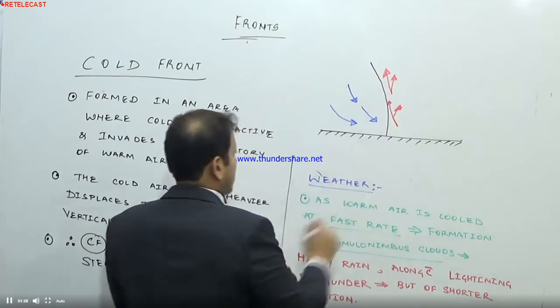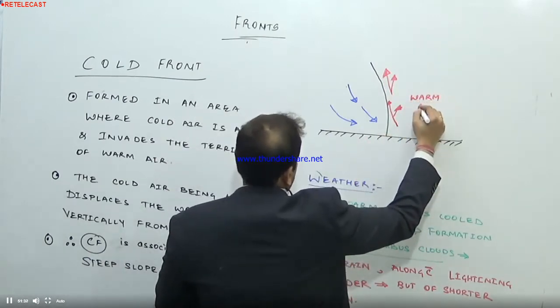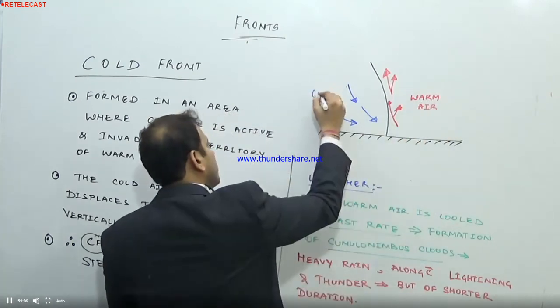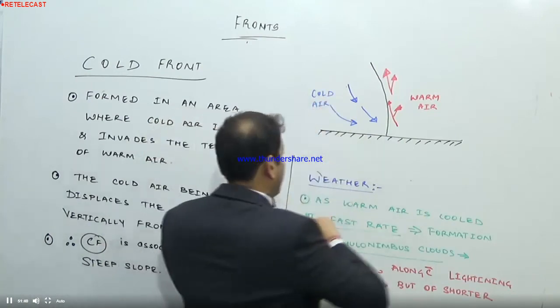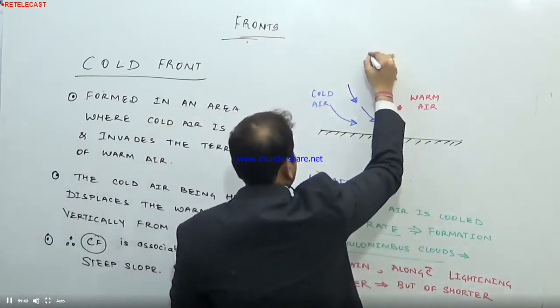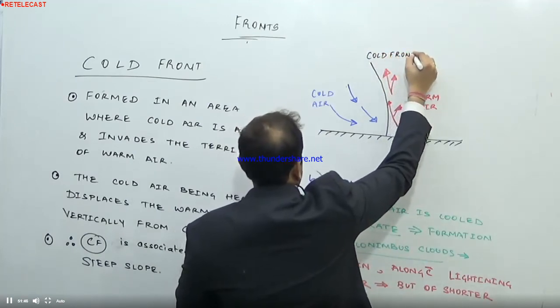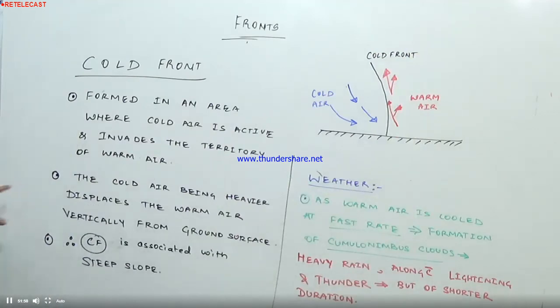So, warm air, cold air, and cold front. This is the cold front, while the other is the ground surface. So this is the diagram you should draw in the examination.